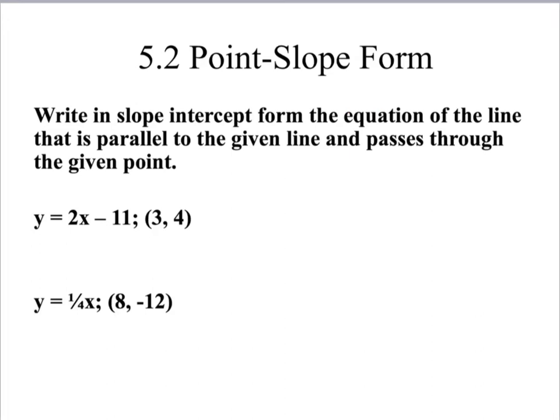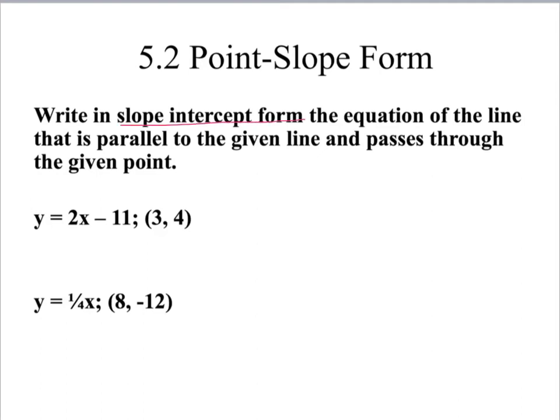All right. So now this equation, this is the last new problem that you have. You do not have to write this down, but I want to explain this. It says, write in slope-intercept form the equation of the line that is parallel to the given line and passes through the given point. Okay, so now it says write in slope-intercept form.